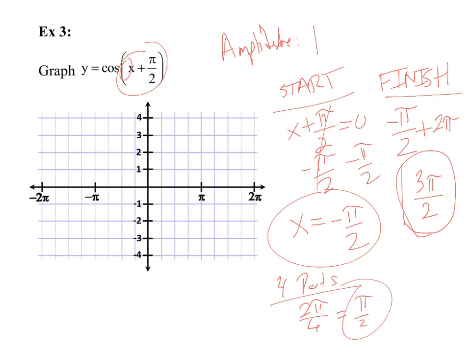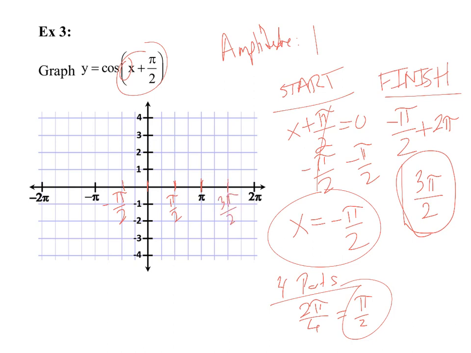So I start at negative pi over 2, that's going to be right here. I move by increments of pi over 2, so negative pi over 2 plus pi over 2 is 0, then I have pi over 2, then 2 pi over 2, then 3 pi over 2.